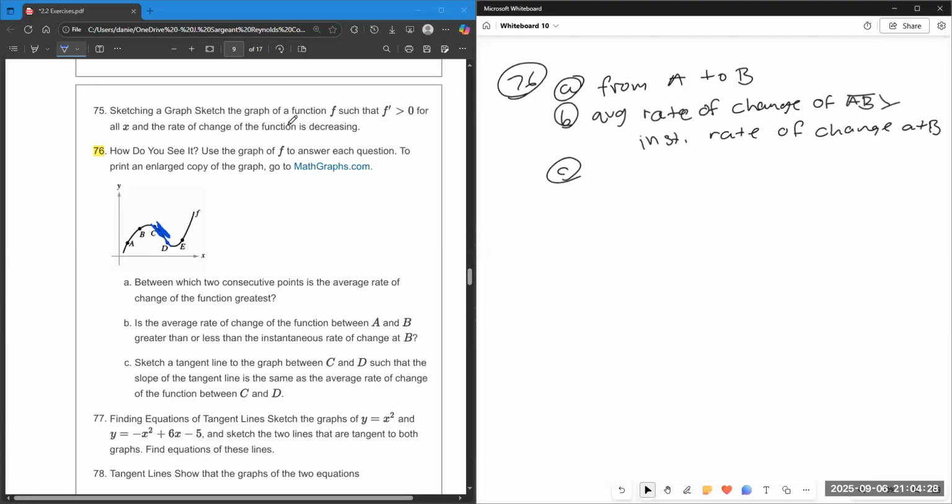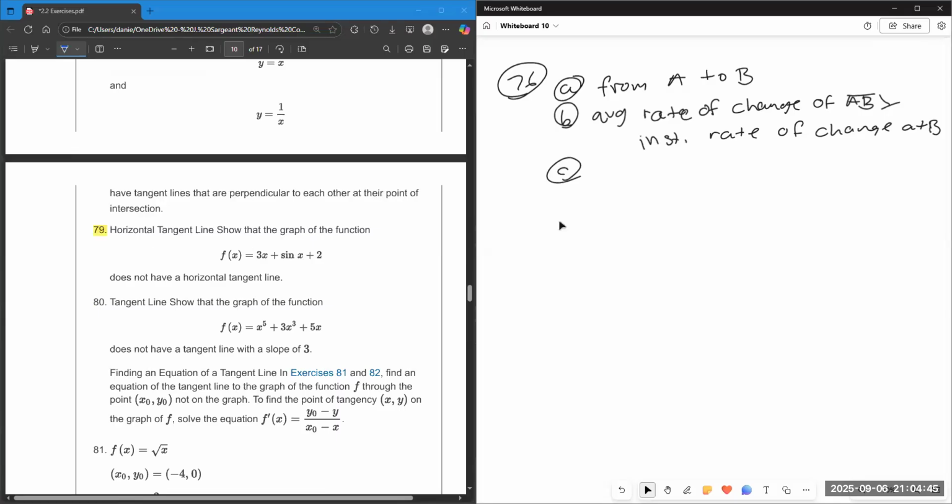So that's just asking you to apply the mean value theorem, the intermediate value theorem that we have talked about already with slopes. Let's see here, 79 is our next problem.